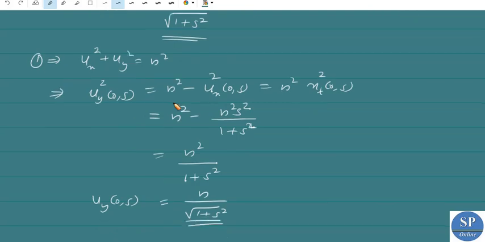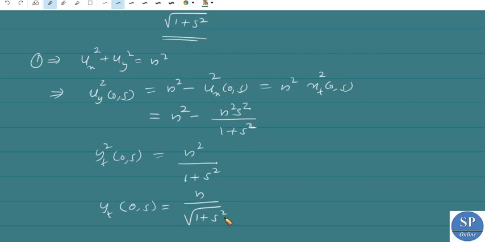So we can write this as yt whole square at the point (0, s). So yt is equal to n divided by square root of 1 plus s square. So this is the initial condition for yt.